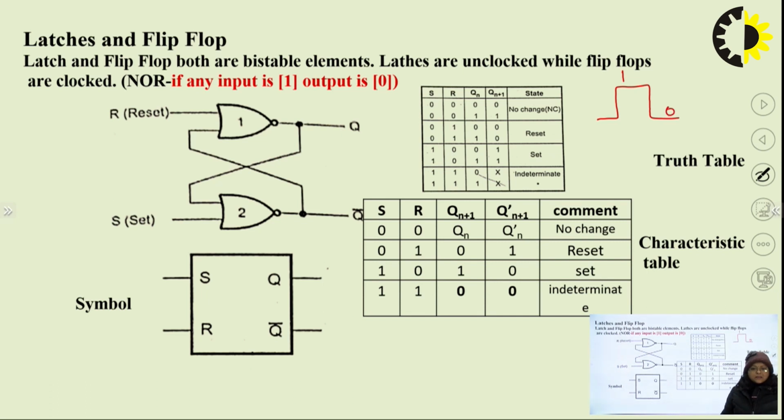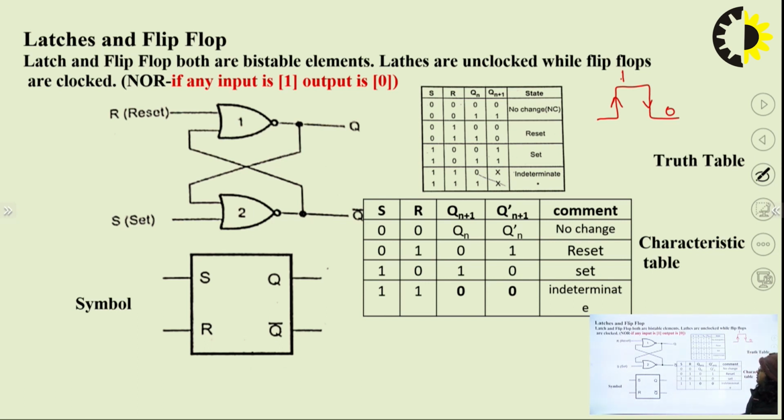If any circuit is triggered on a rising or falling edge, then it is called edge triggered, and if any circuit is triggered on 1 or 0, then it is called level triggered. So we can say that latches are unclocked, or level triggered, whereas flip-flops are edge triggered, built using either NAND or NOR circuits.